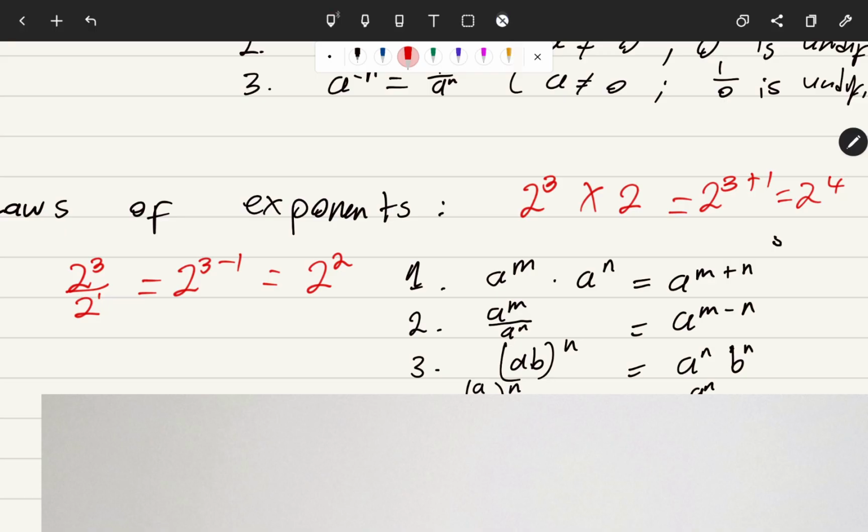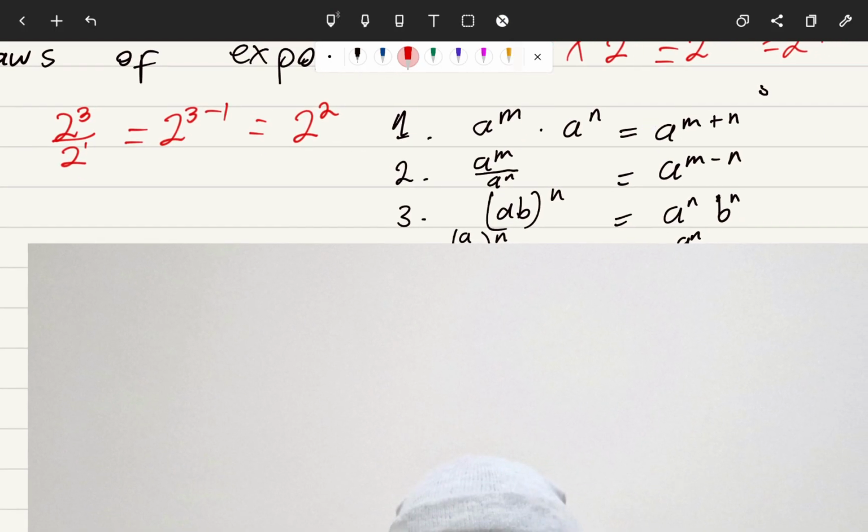The third one is quite simple as well. Basically here we have a product of a and b, right? And let me also write that a is to the power of 1 and b is to the power of 1. So basically here you can say, what do you have?